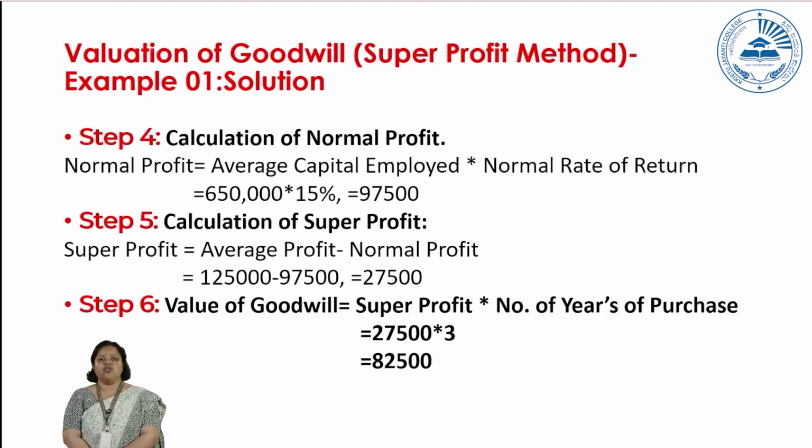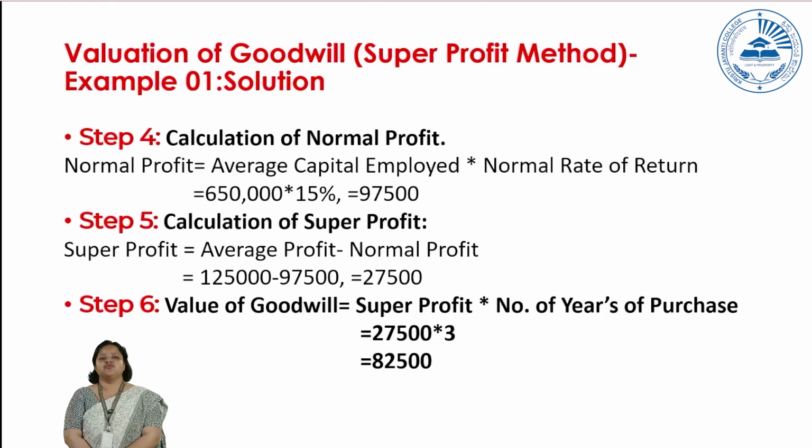After calculating normal profit, we need to calculate the super profit. The super profit formula is average profit minus normal profit. The average profit from step 2 is 1,25,000 minus 97,500, my normal profit. So we got super profit, or extra profit, of 27,500.